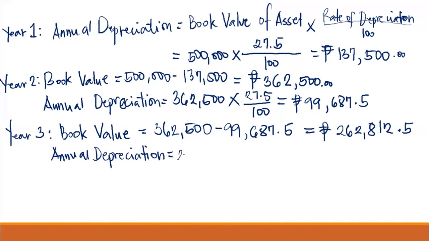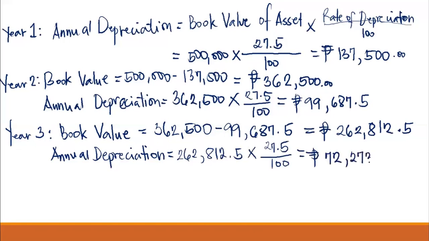So yung nakuha natin is 262,812 pesos and 5 centavos times the rate of depreciation na 27.5 over 100. Kaya the annual depreciation is now equal to 72,273 pesos and 44 centavos. Okay? So, yan yung year 3 niya.